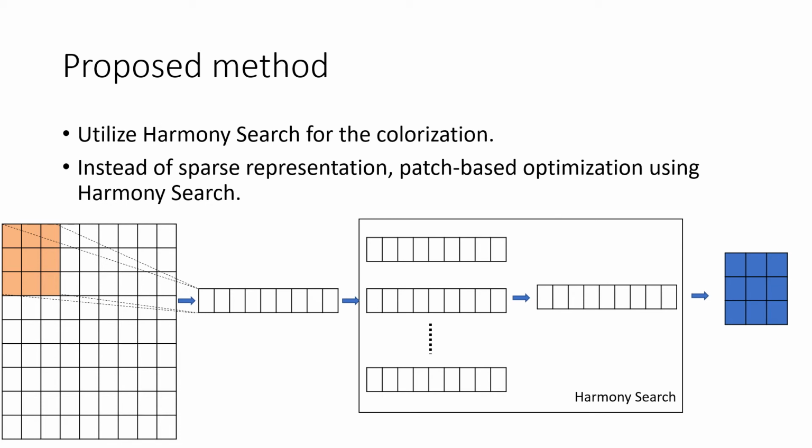So this figure roughly illustrates the idea I have. Suppose this is the whole image, and we take one window as in the paper, and instead of going for the sparse representation, we will convert it into an array, and then apply harmony search to find the best or optimal patch that has the minimum value in accordance with the objective function.